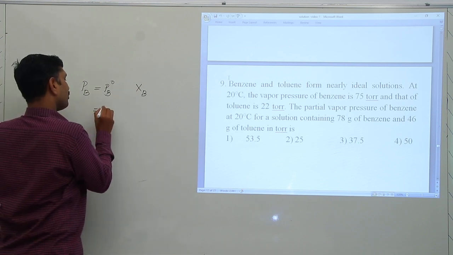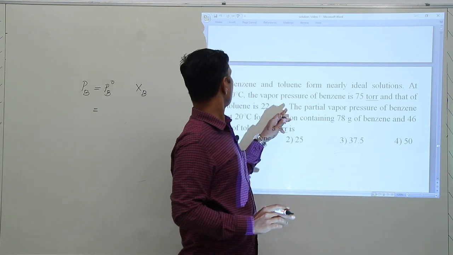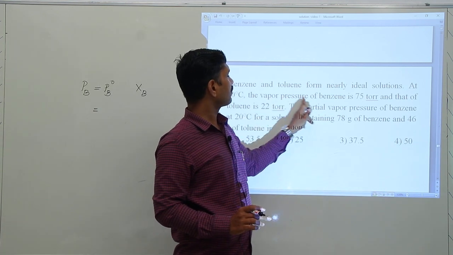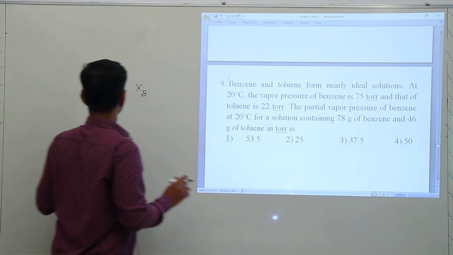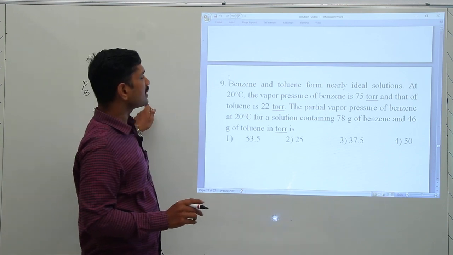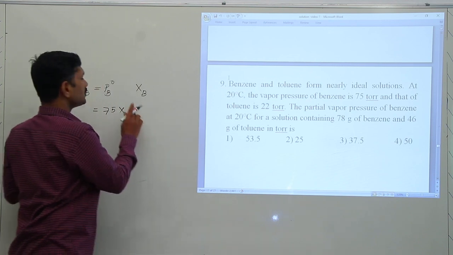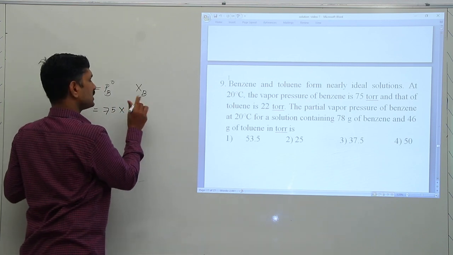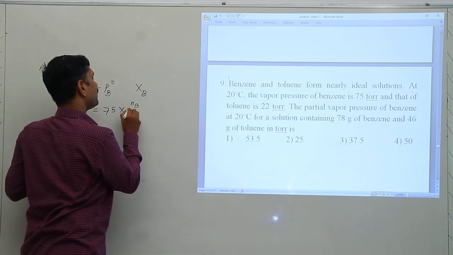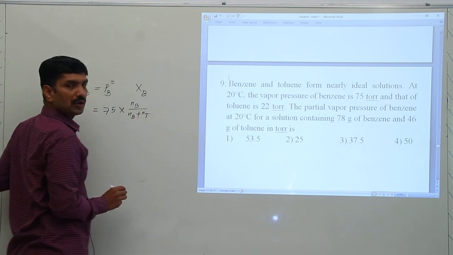Here the vapor pressure of pure benzene, 75 torr, is given, into the mole fraction of benzene, which we find out. You know the formula: the mole fraction of benzene is the number of moles of benzene divided by the number of moles of benzene plus the number of moles of toluene.